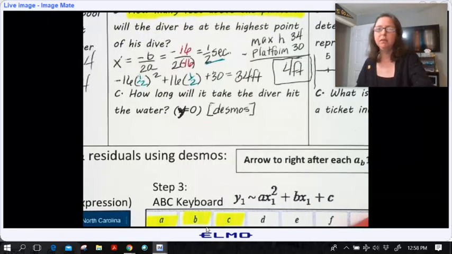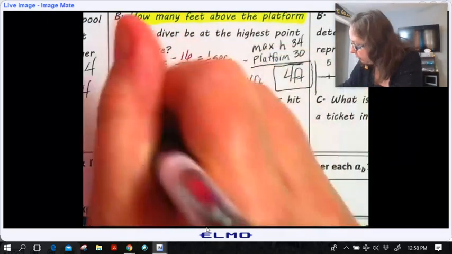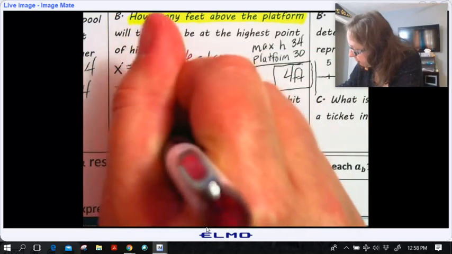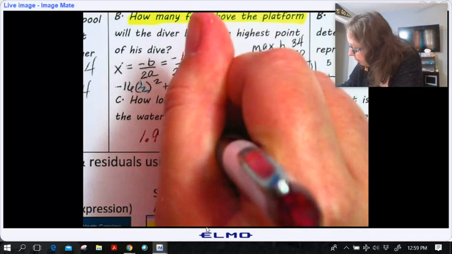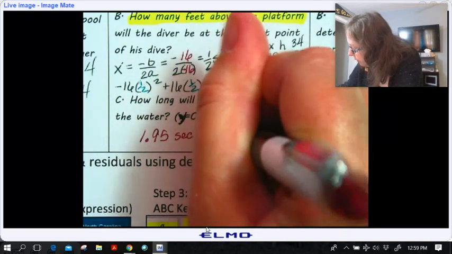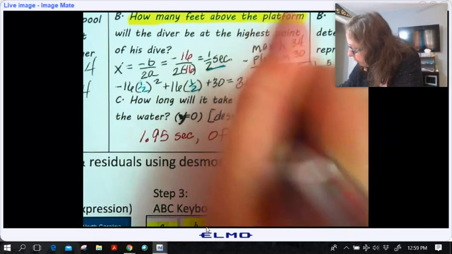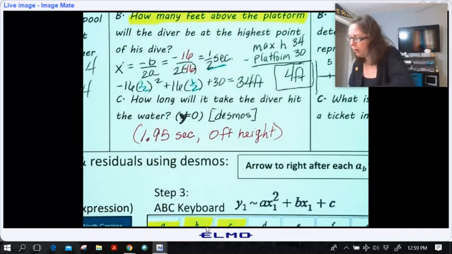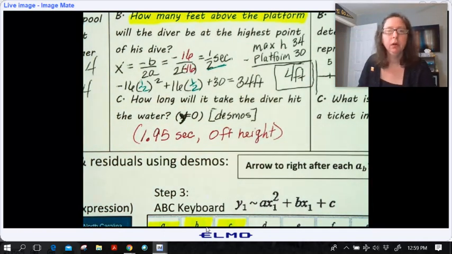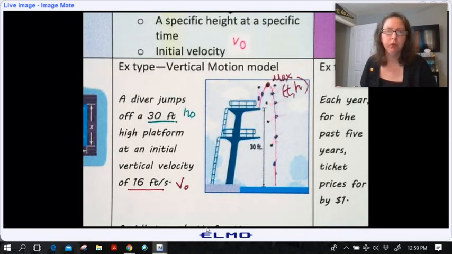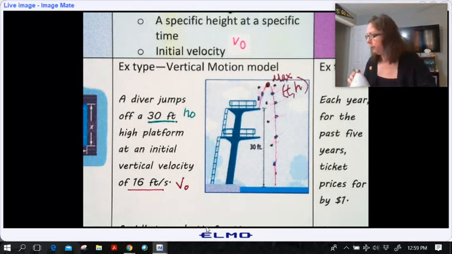We did this in Desmos, and we got 1.95 seconds and 0 feet was the height, his height above the water. So that is how we work all the way through a vertical motion model. Let's do one more example, all right? One more.